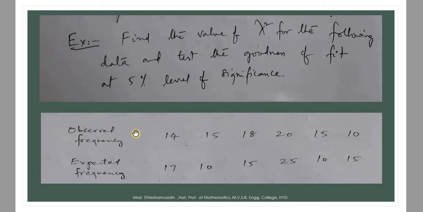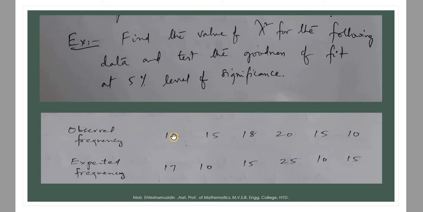Suppose the theory suggests that these values need to be like this, then we treat them as expected frequencies, meaning they are expected as per the theory and these are observed as per the practical. So observed frequencies are practical frequencies and expected frequencies are theoretical frequencies. Whether this particular theory fits properly to this particular practical, let us see now.